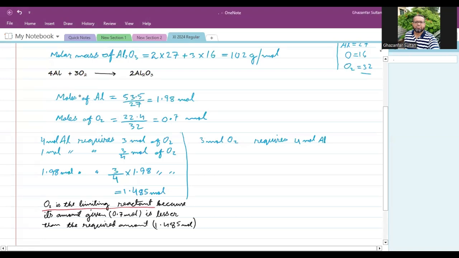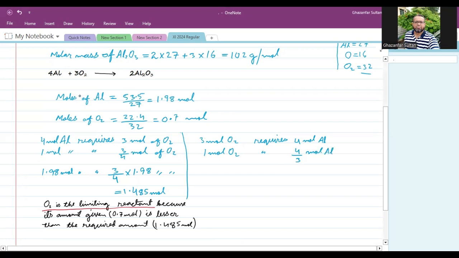So how much aluminum is required for 1 mole of oxygen? Sorry, it should be 4 upon 3 mole of aluminum.